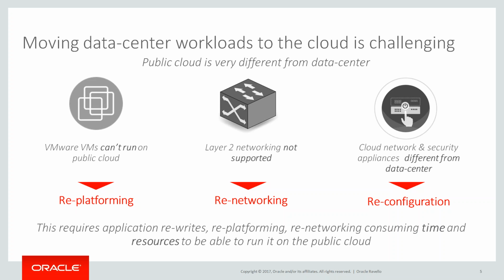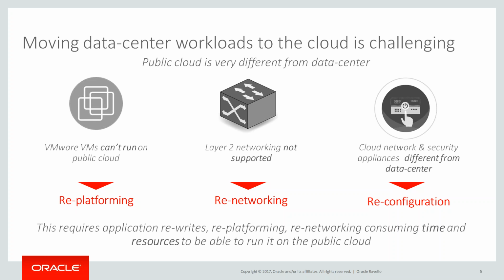As you can imagine, you have an application server that talks to a database using this host name and this IP address. When you move them to the public cloud using Ravello, you wouldn't have to touch a single line of configuration, because everything is mimicking exactly what you have in your data center. So the networking support is very important.